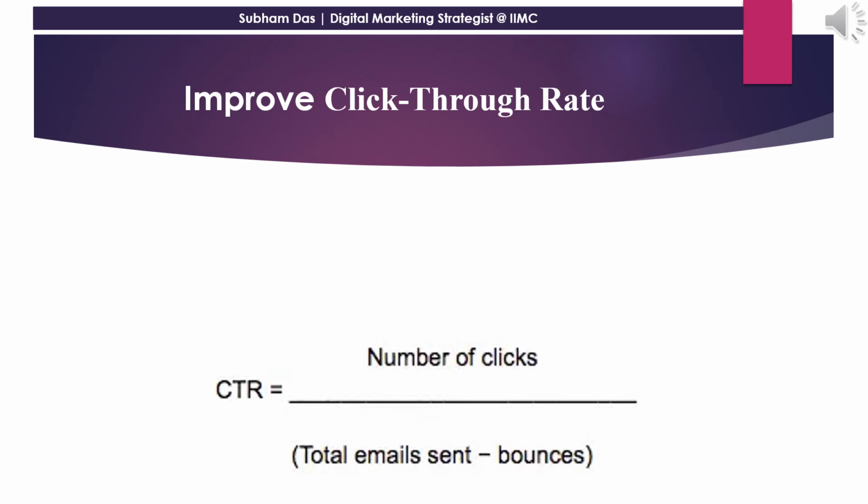Some of the key factors in email click-through rate are the anchor text on the link, the link's location within the email, whether the link is in the body, and its format. So maybe an image link, maybe a video link, maybe a button link. So you have to be careful on that.